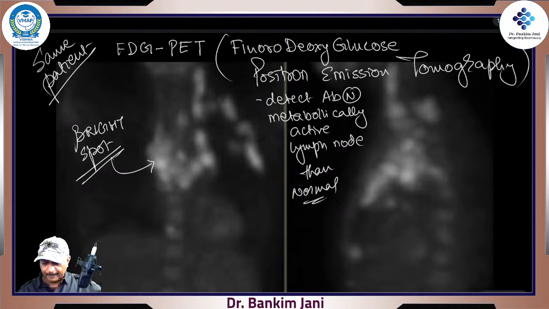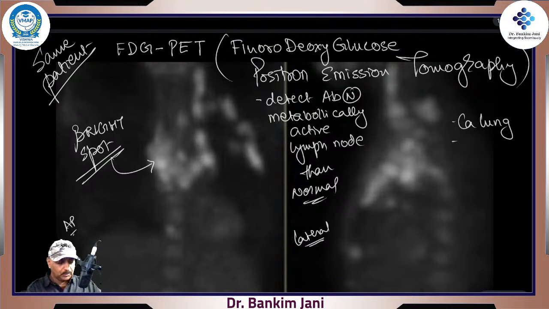Now, where do we really go for this? Whenever there is carcinoma of lung, you go for PET because it will tell. In this case, say this is AP and this one is lateral. You are watching that it is going up to the neck.